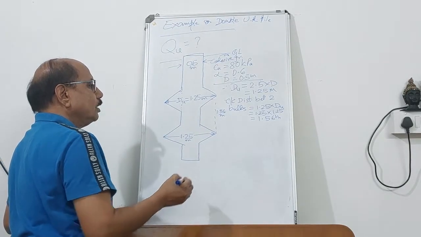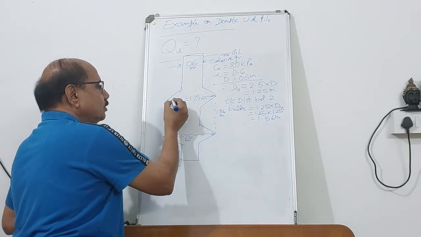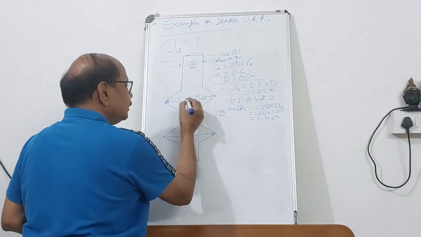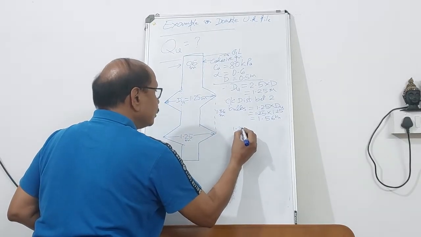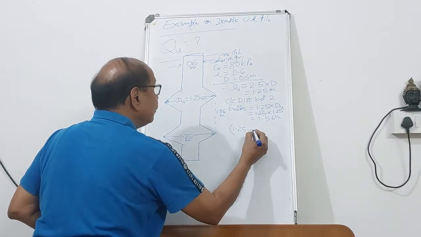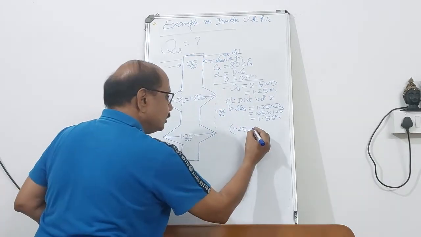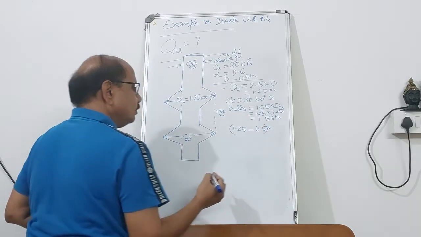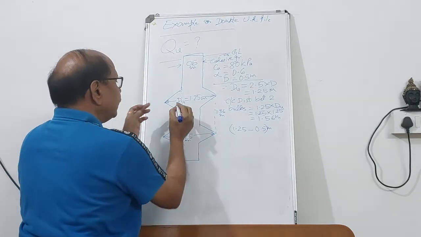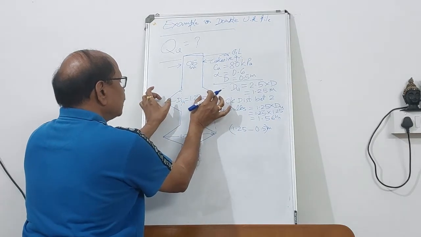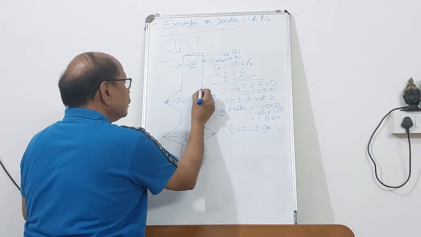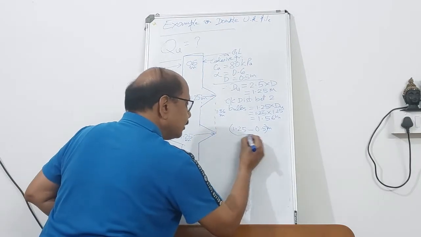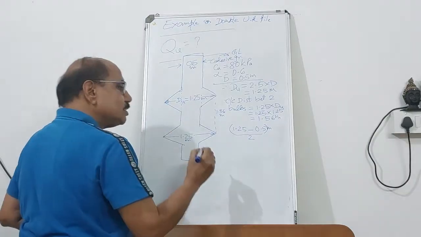Therefore, how much will this distance be? It will be 1.25 meter minus the shaft diameter, that is 0.5 meter, which gives the sum of these two dimensions, divided by 2.